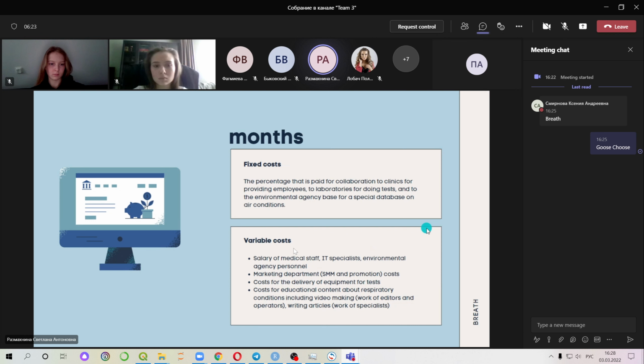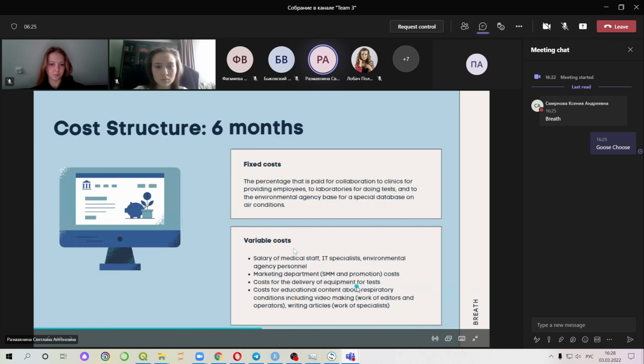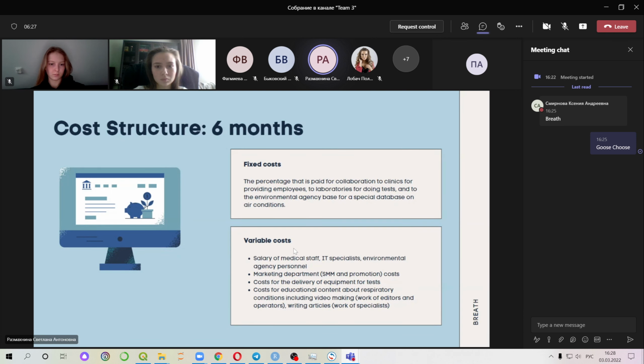So first we'll talk about the 6 months time frame. Here we don't have any significant influence of economies of scale and economies of scope. We have fixed costs: the percentage that is paid for collaboration to clinics, for providing employees, to laboratories for doing tests, and to the environmental agency for a special database on air condition.